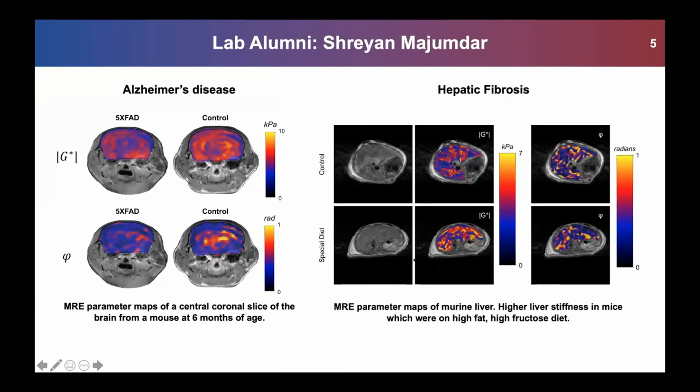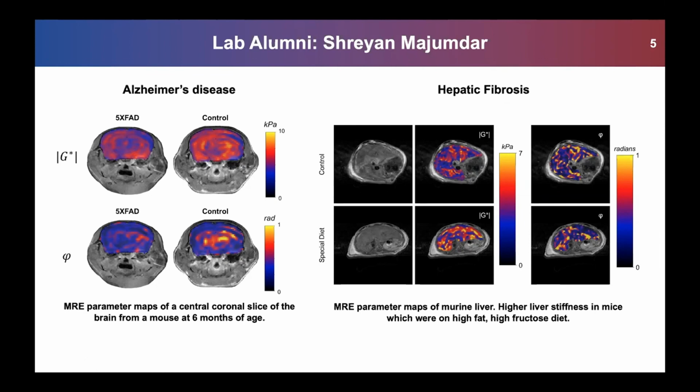The image on the right-hand side shows data acquired from mice which were fed a special diet to develop fibrosis in the liver. The fibrotic liver is stiffer compared to healthy ones. But please notice that we use a different vibration on the liver compared to the mouse.